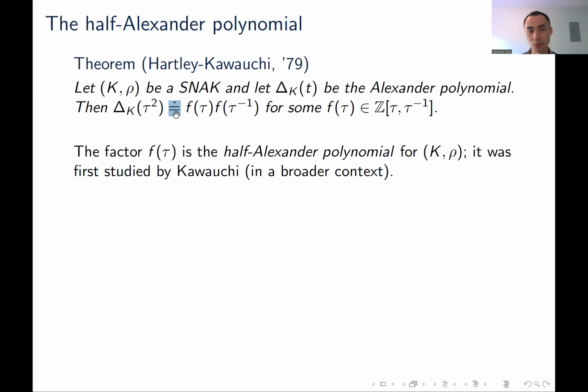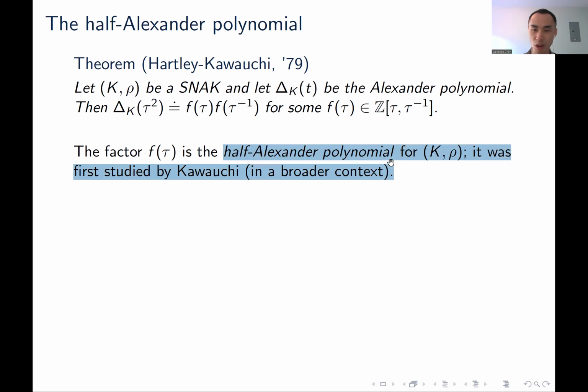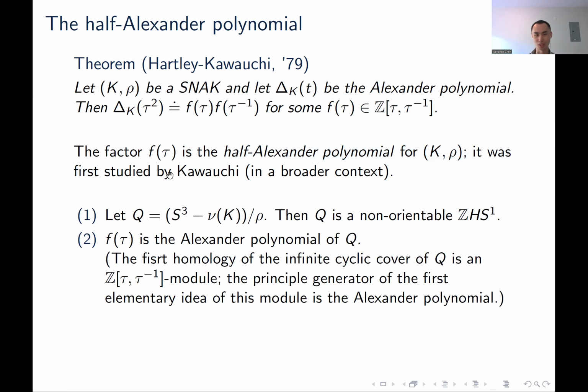Here we're using a dot equal because all these things are defined up to multiplication by a unit in this Laurent polynomial ring. So this f(tau) is the half-Alexander polynomial for the knot K and rho. It was first studied by Kawauchi in a slightly broader context. And here, let me just tell you the definition for a snack.